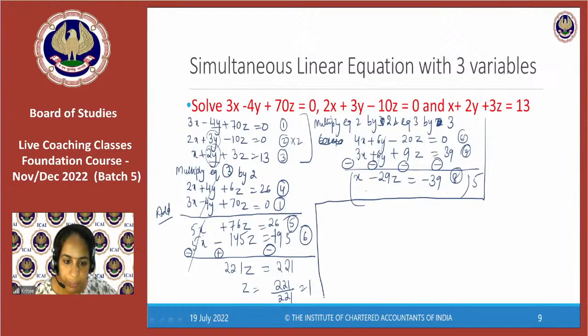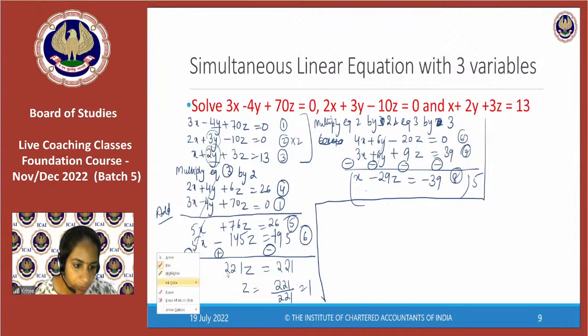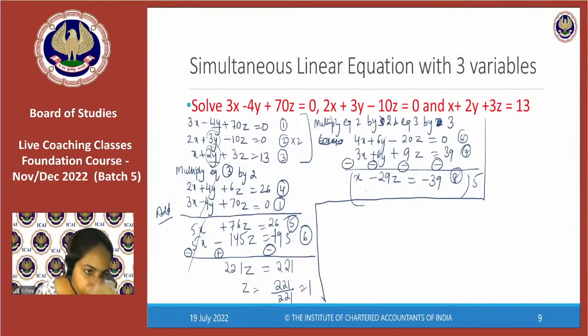For many people, this seems to be difficult work. Because I could identify in 1 and 3, I wanted to eliminate y, I took LCM of 4 and 2. I multiplied this entire third equation by 2. And then I got this new equation.